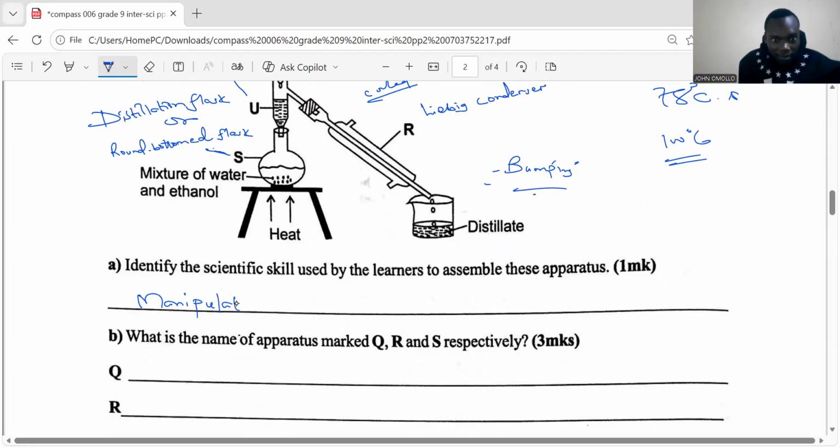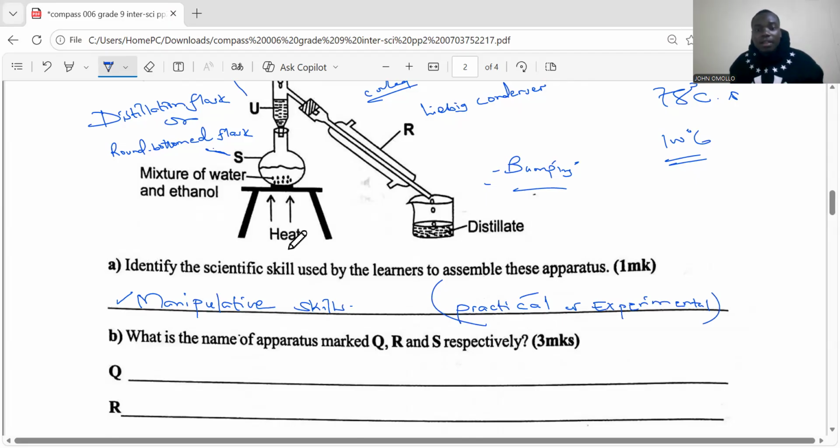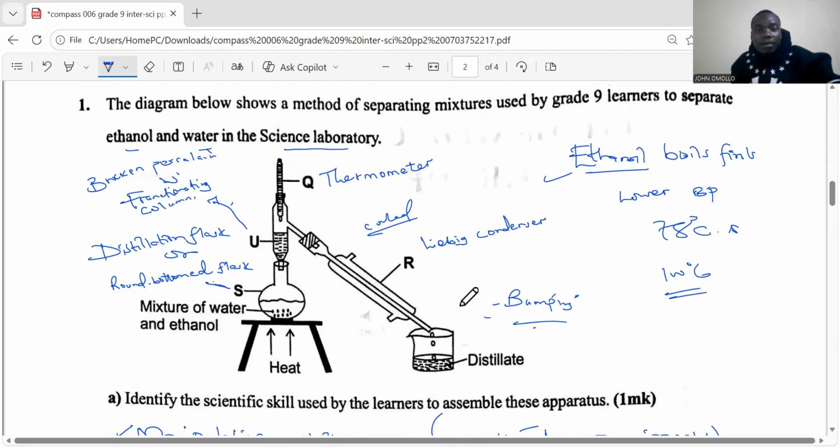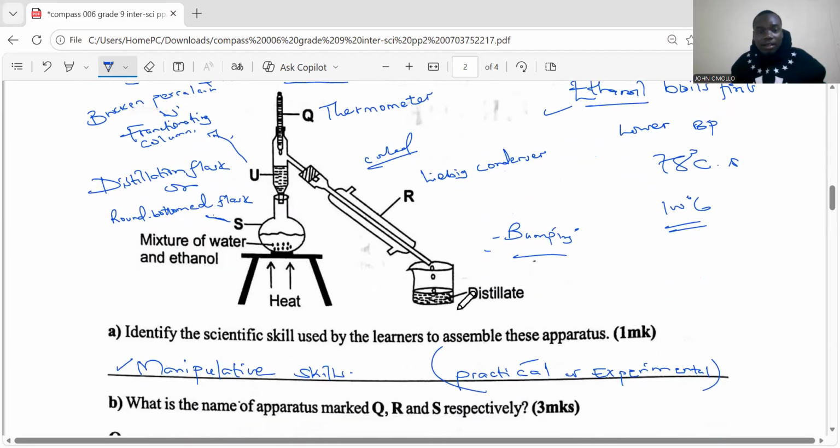Other skills aside from this one, remember this one is just to assemble the apparatus, we have practical skills or experimental skills. These are skills that we can acquire from this laboratory science setup.